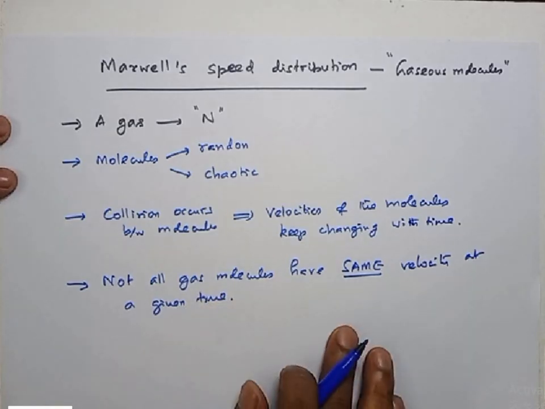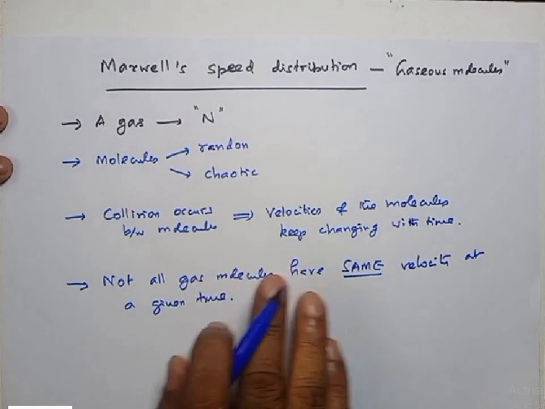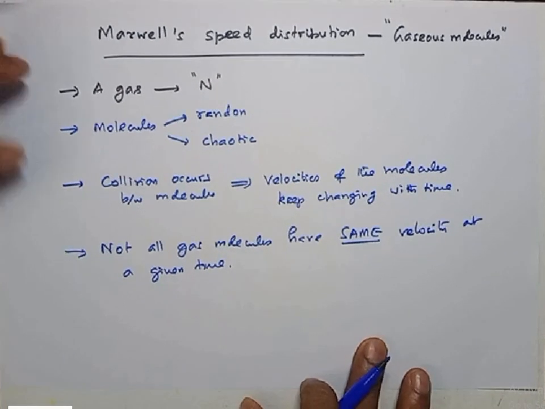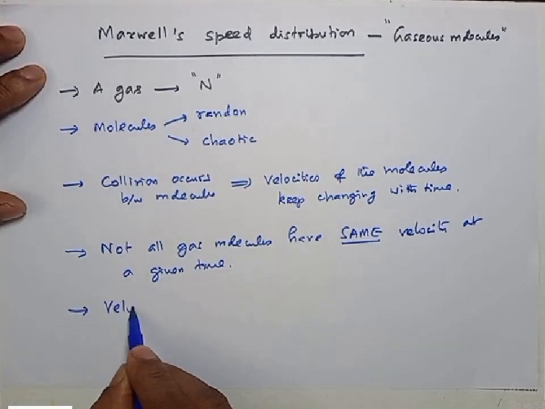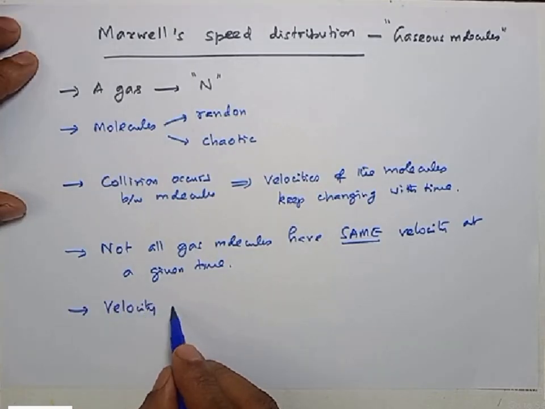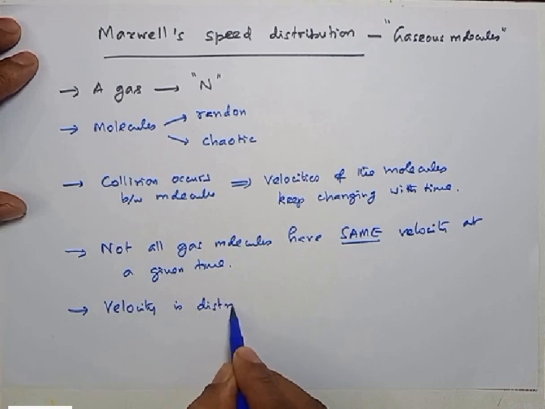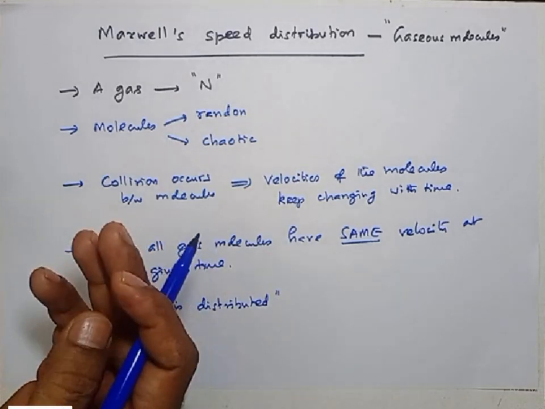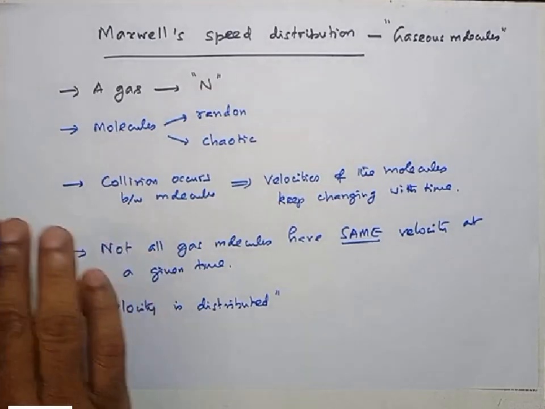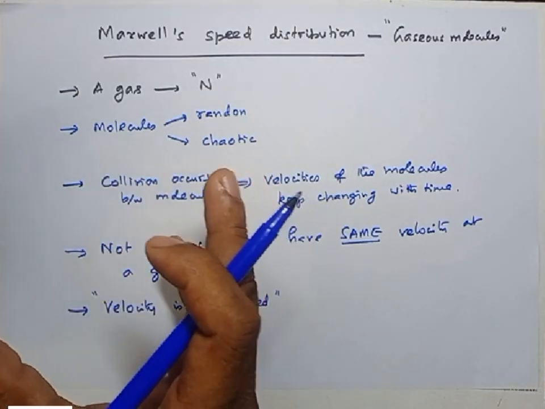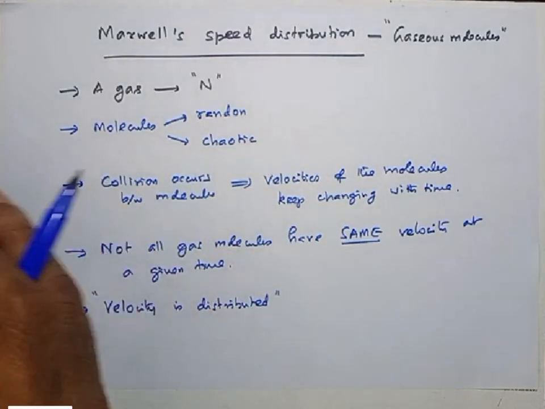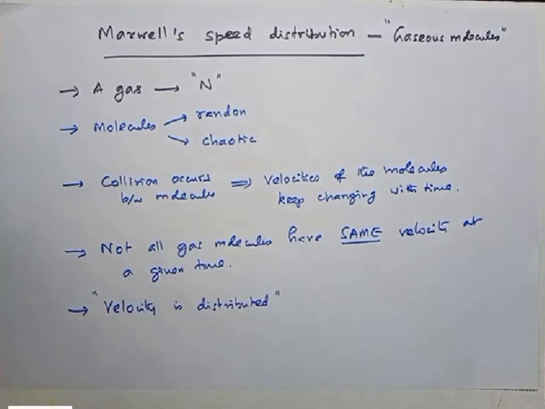Actually, velocity is distributed, which means some molecules have very low velocity, some have high velocity, some have medium velocity. So in the gaseous state, the molecules move with different velocities.